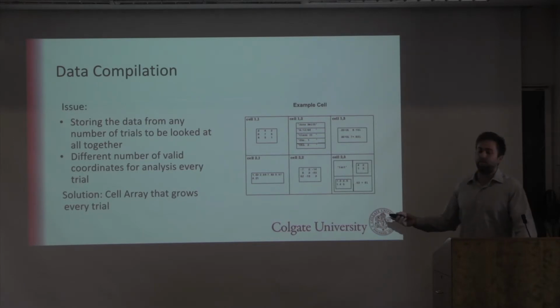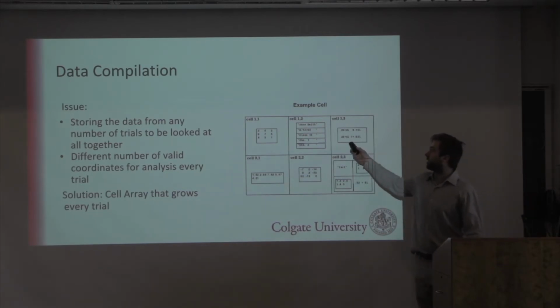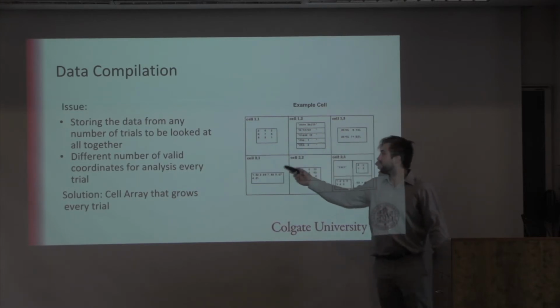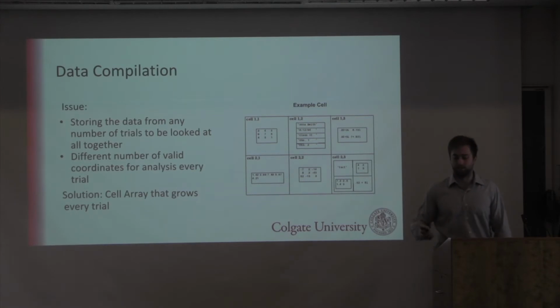So we might have a file that has 65 centers and then another file that has 67 centers. To put this all together, we use cell arrays, which compile at the end of every trial run. As you can see, each individual component of the cell array can take a different sized array itself, which allowed us to compile this data very easily.